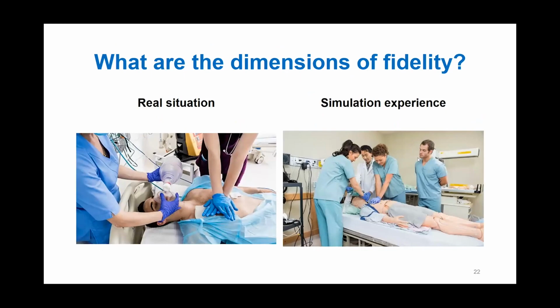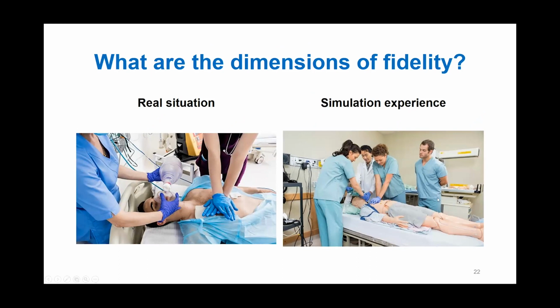And the picture on the right is a real scenario where we are doing CPR for a patient who is arrested. We wanted to make our simulation experience as real as we can, and this is what we call fidelity. For us to do that, we need to look at the different aspects of fidelity.